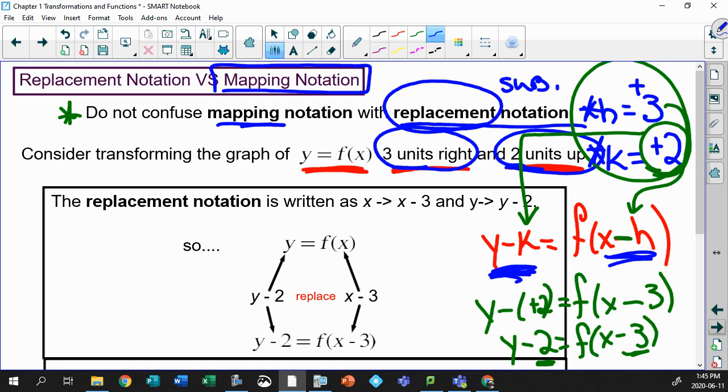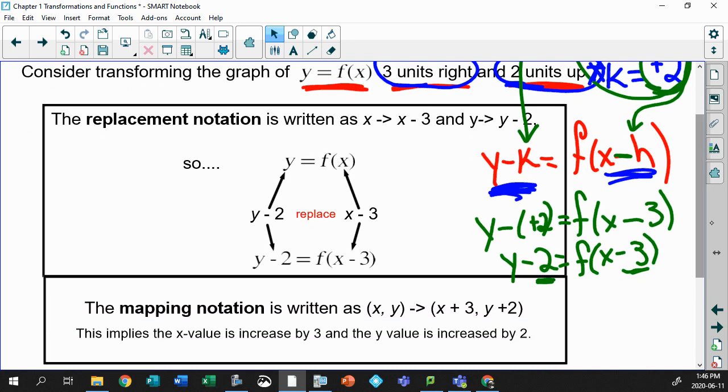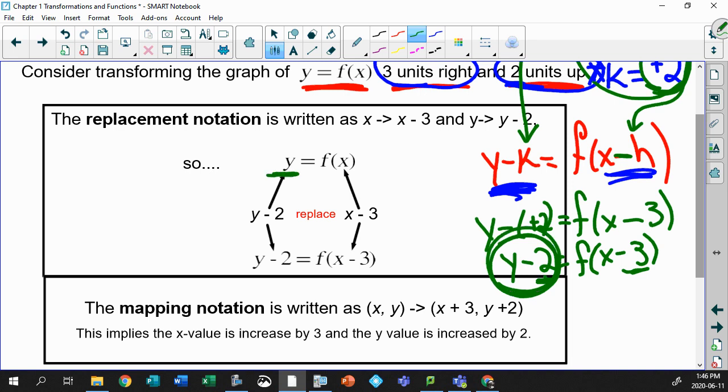All right, so let's get back to replacement notation. If you think about this, look what I did. I took this original y and replaced it with y minus 2. See? And look what I've got. I took the original x, replaced this right here with x minus 3, and look what I got.